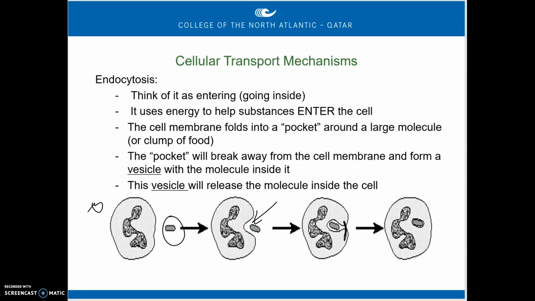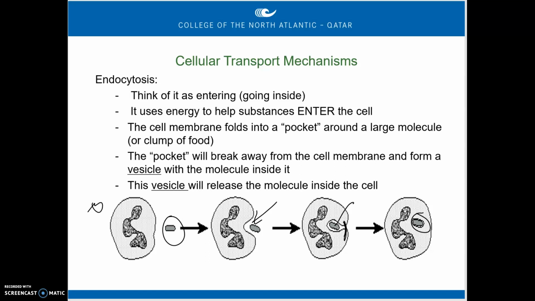And what happens then is we get the formation of a new vesicle inside the cell with the substance that we wanted. And then the vesicle is in there, and it's got whatever substance that the cell needed at the time. And then whenever the cell needs to use it, all that stuff is available inside that vesicle. Okay.